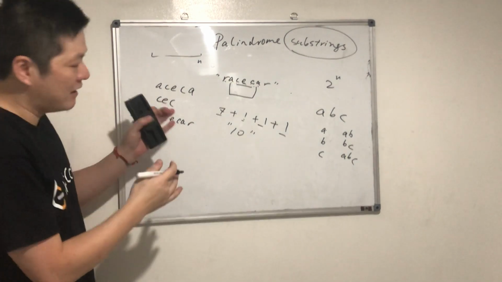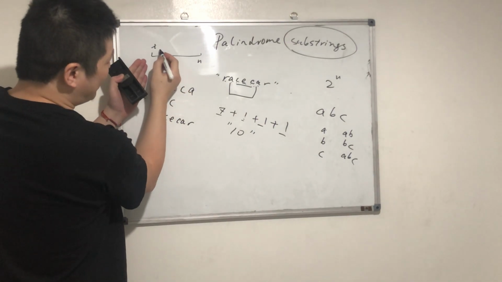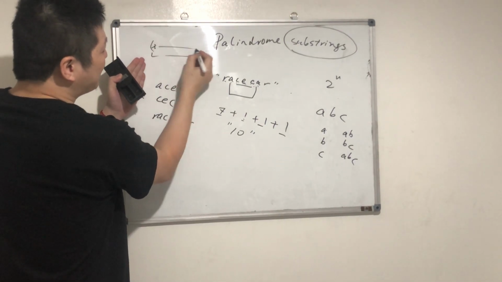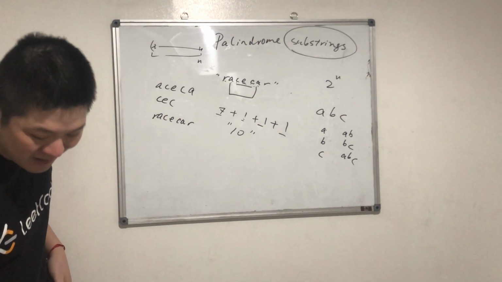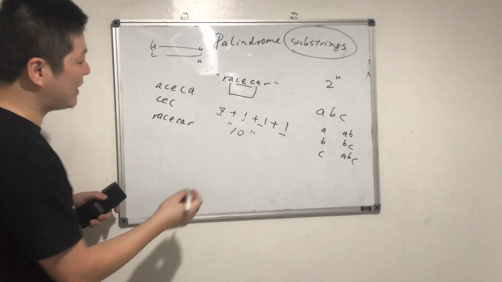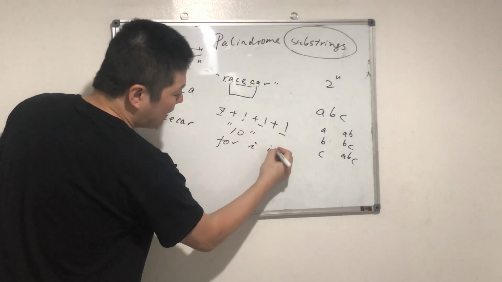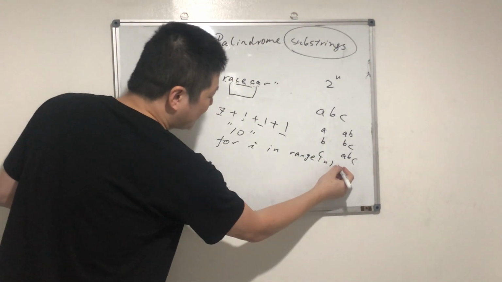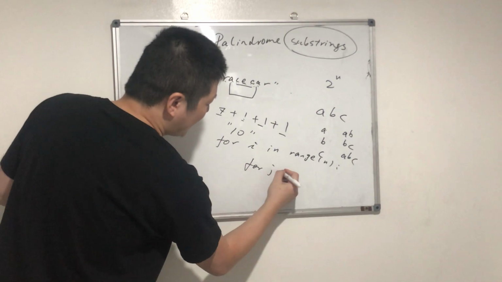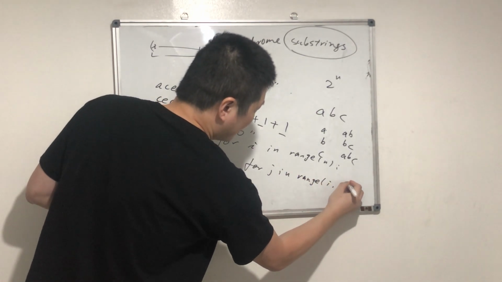If we define the left of a substring as i, the right of a substring can be anything from i to n, right? So we can use a for loop for i in range n, and then for j in range, starting from i to n.